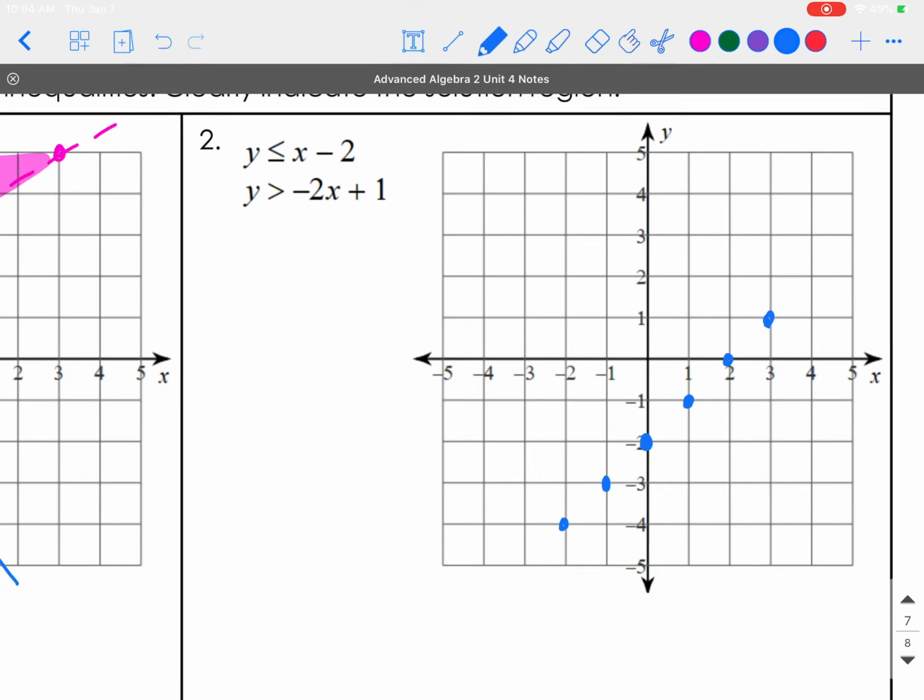This one is going to be a solid line because I have the equal to part. And it's less than, so I'm going to be shading below.